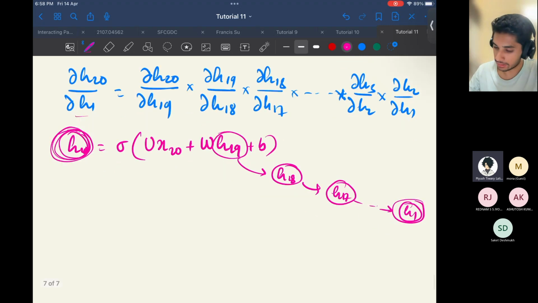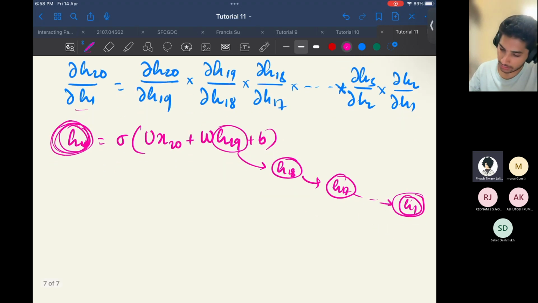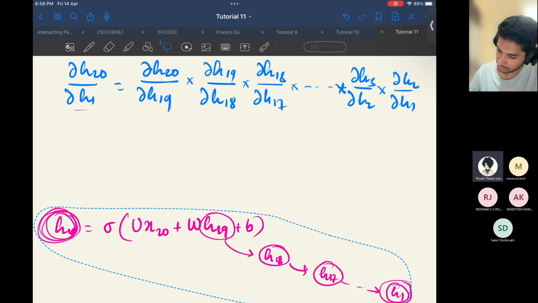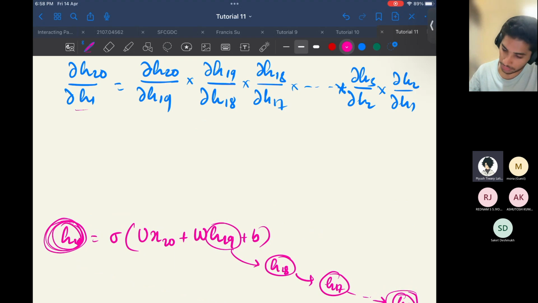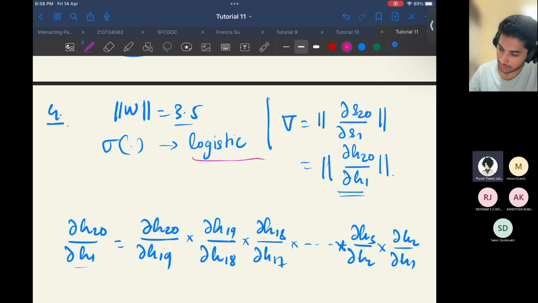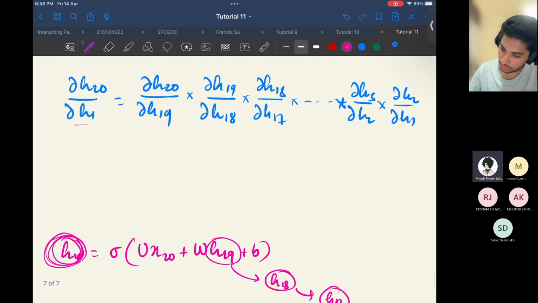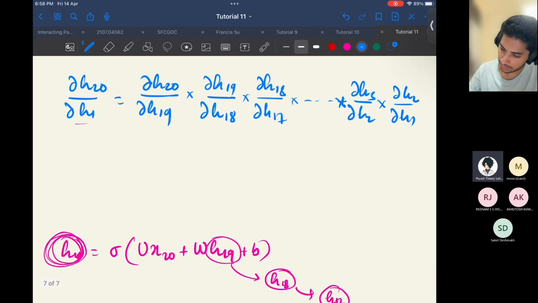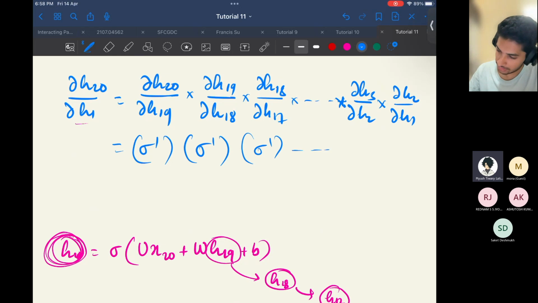Now we are also given that we are using the logistic function. So each of these things will be nothing but the differentiation of a logistic function. This will be sigma dash, sigma dash, sigma dash.